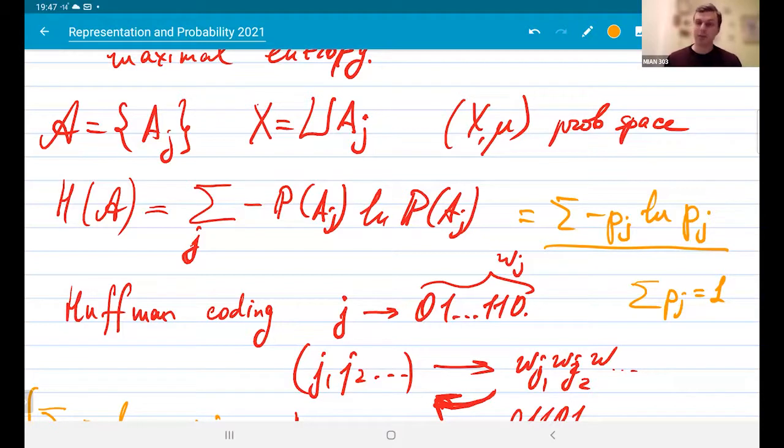But the probability of this is very small, and so the whole product of PJ times the logarithm of PJ is still negligible. Well, of course, this is not a proof, but at least an illustration.